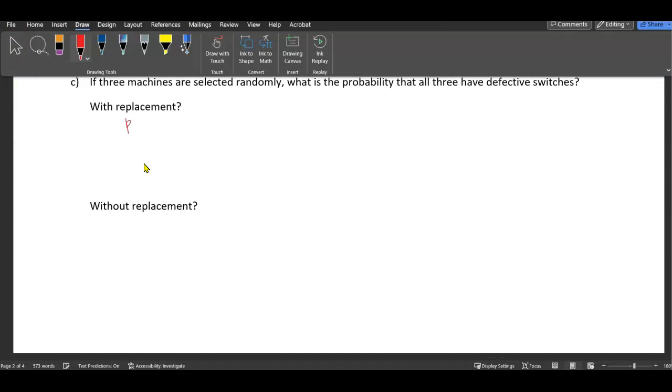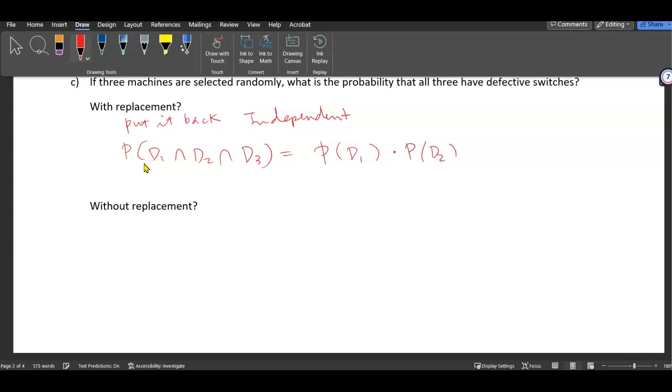Okay, again, with replacement means you put it back, so your total number of choices is still the same, so it's an independent event, and independent event means the fundamental counting principle for probability applies here. So if we want defective 1 and defective 2, and then defective 3, all 3 of them defective, we simply take the probability of defective 1 times the probability of defective 2, times the probability of defective 3, right?